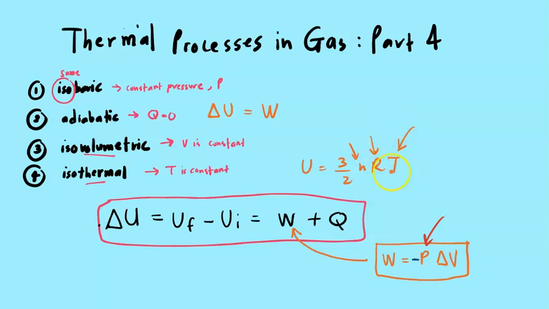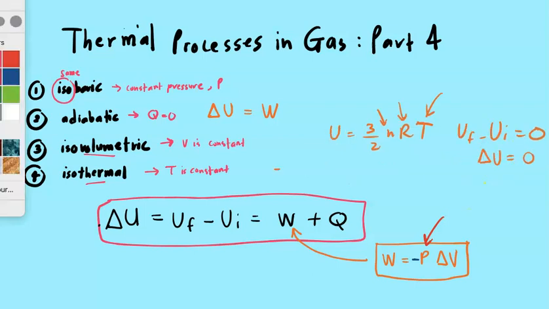The only thing that you can change here is T. So if T is constant, your U is constant, which means that U final minus U initial would be 0, because these are equal. If I started with 10, I end up with 10. 10 minus 10 is 0. So my internal energy does not change, and my delta U is equal to 0.